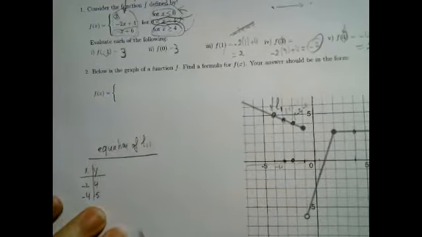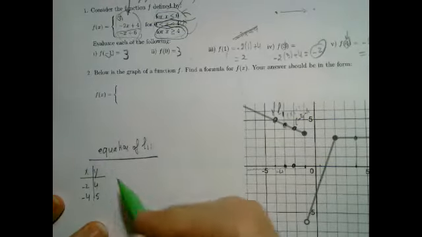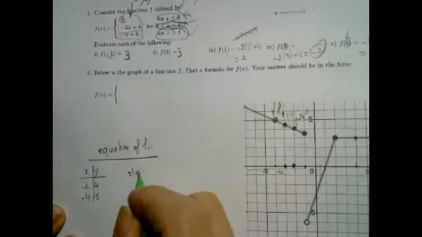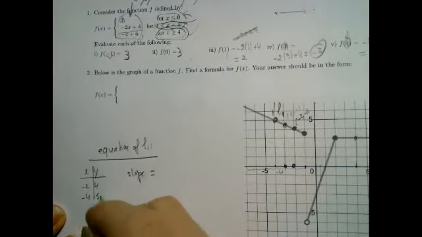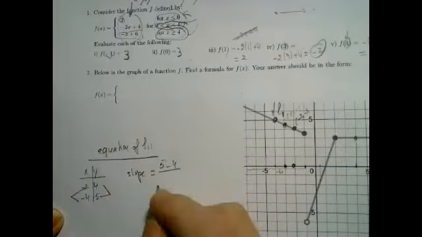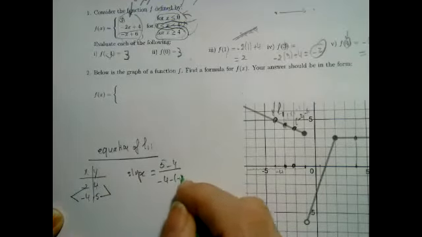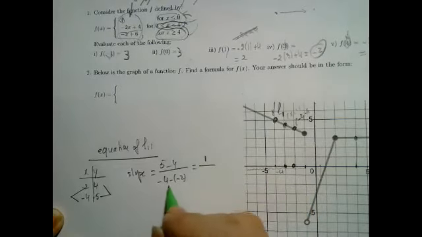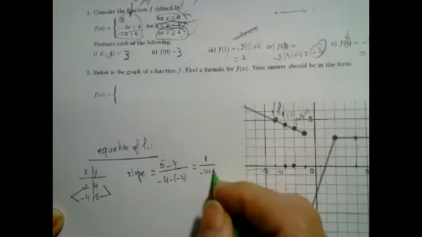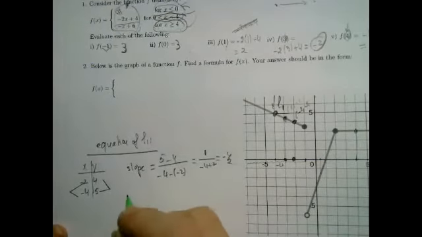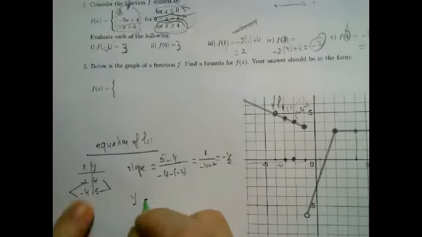Now we're going to find the equation and then analyze why this will help me find the formula. To find the equation, my slope is 5 minus 4 divided by -4 minus -2, which gives me 1 over -4 plus 2, which gives me -1/2. And for my equation, I use the point-slope form.